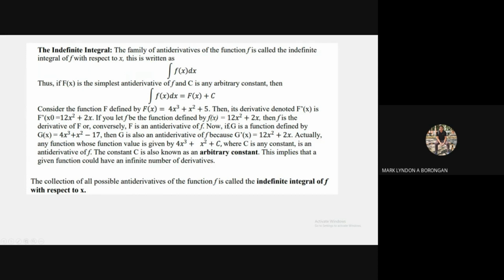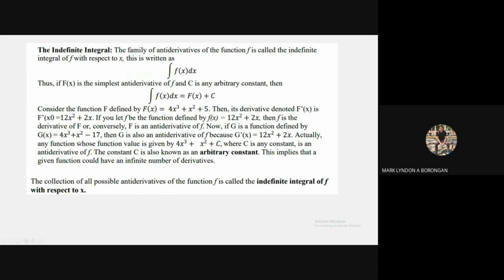Now, if g is a function defined by g of x is equal to 4x cubed plus x squared minus 17, then g is also an antiderivative of f because g prime of x is equal to 12x squared plus 2x.